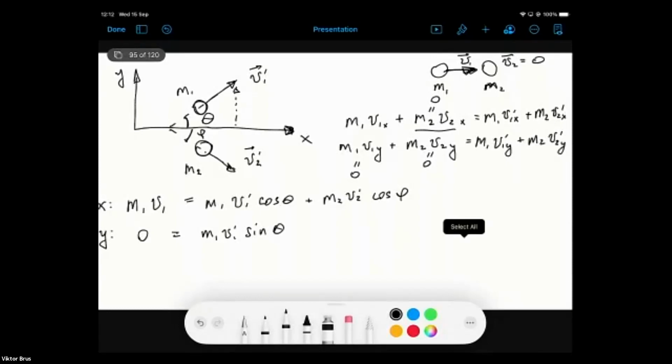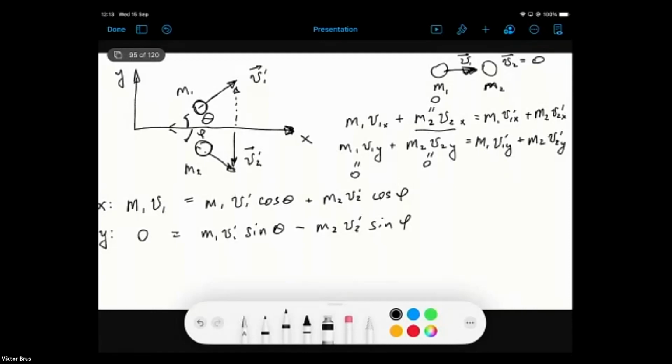Now we have the component which comes from the second body, M2. Here we need to take into account that this projection is pointed downwards, which means in the opposite direction of axis y. So this will come with a minus here: minus M2 times V2 prime times sine phi.